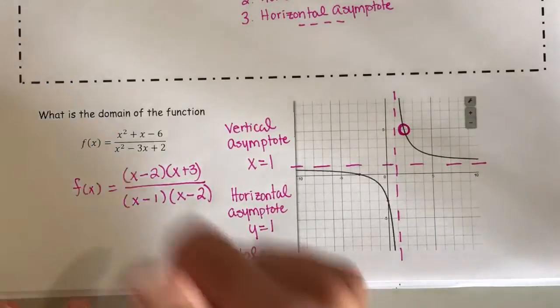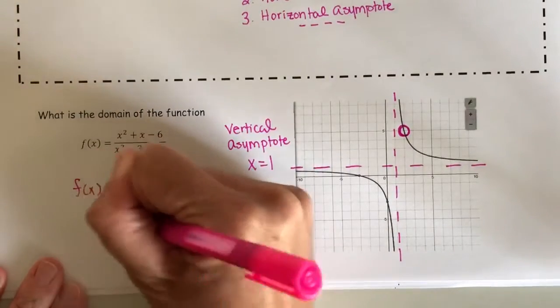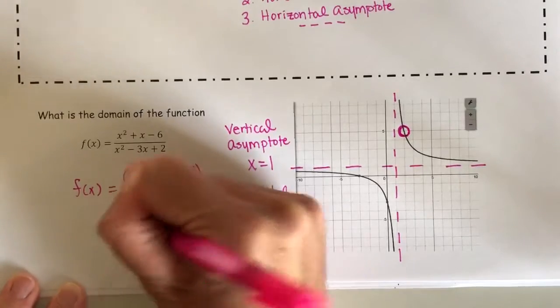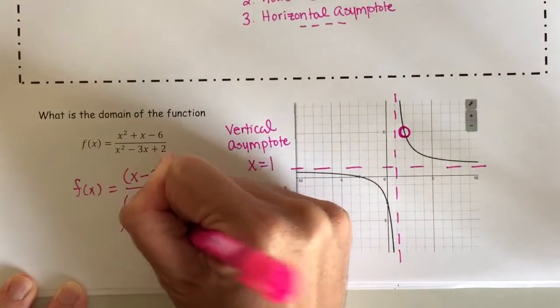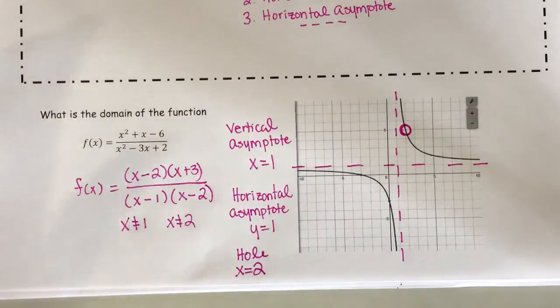So now that we know that, looking also at my domain, I can tell that x cannot be equal to 1, but x also cannot be equal to 2, because my function is undefined there.